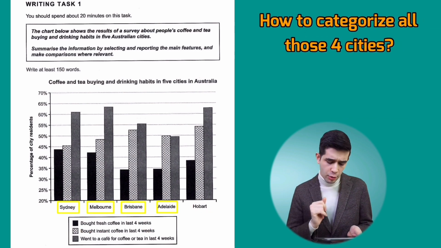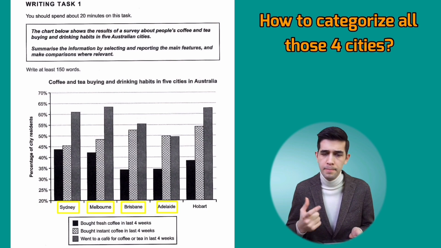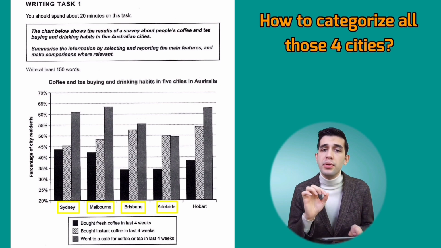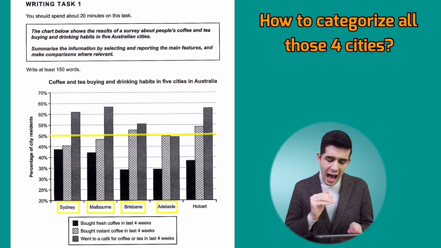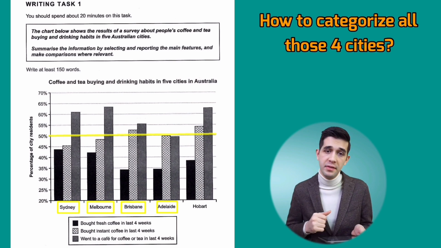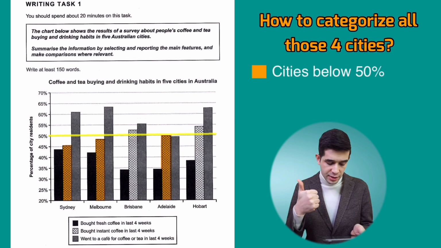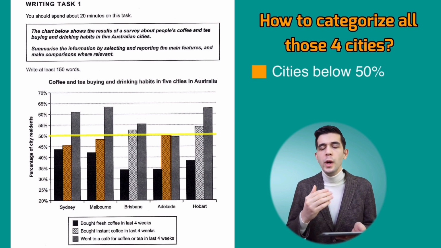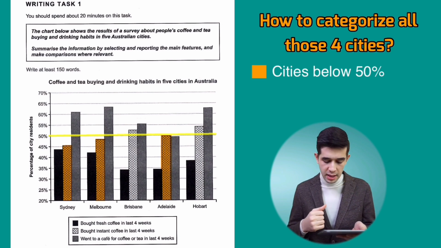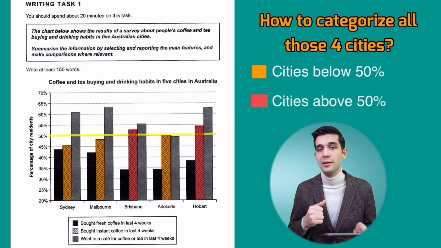So how can I categorize all those 4 cities? Take a look at the 50% line. Let's draw a line on 50%. How many of the cities are below 50%? 3 of them, right? Sydney, Melbourne, and Adelaide. These are below. Which of the cities are above 50%? Hobart and Brisbane.